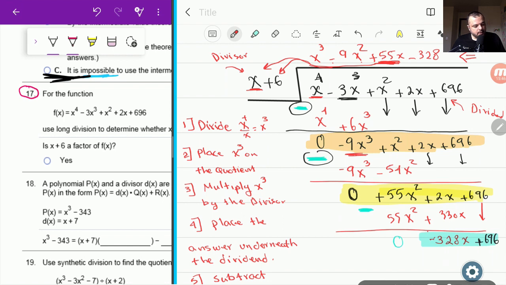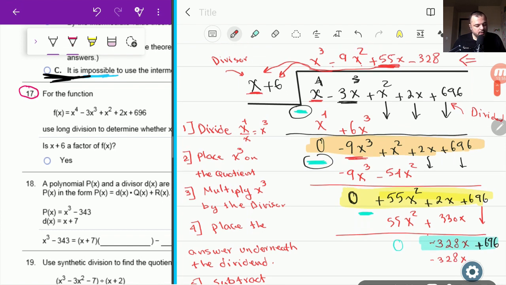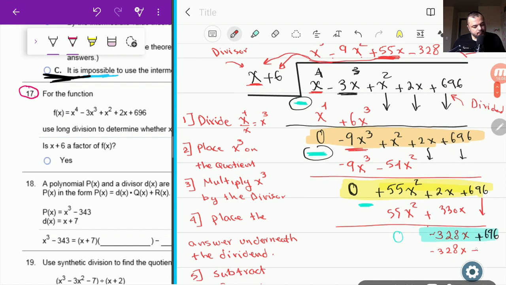Then you multiply negative 328 times x, negative 328x, and negative 328 times 6, which is negative 1968.